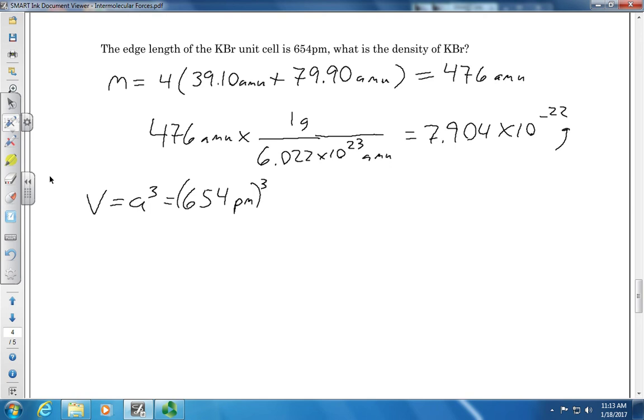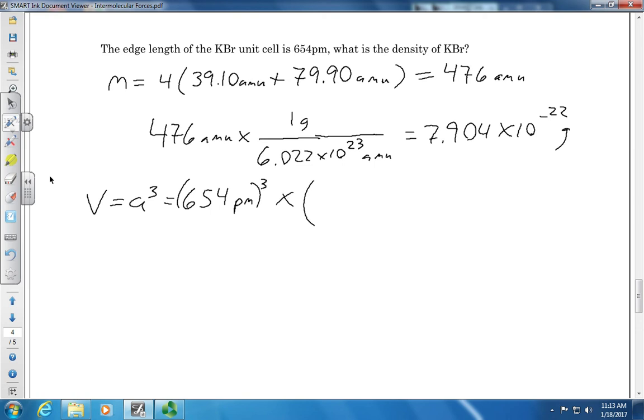Generally speaking, when you're dealing with density, it's usually in grams per cubic centimeter. So for our case, we want to get picometers to centimeters. We might as well go ahead and do that now.